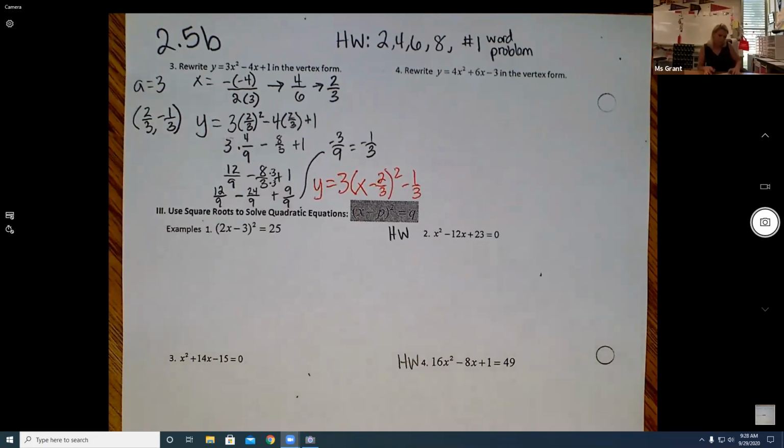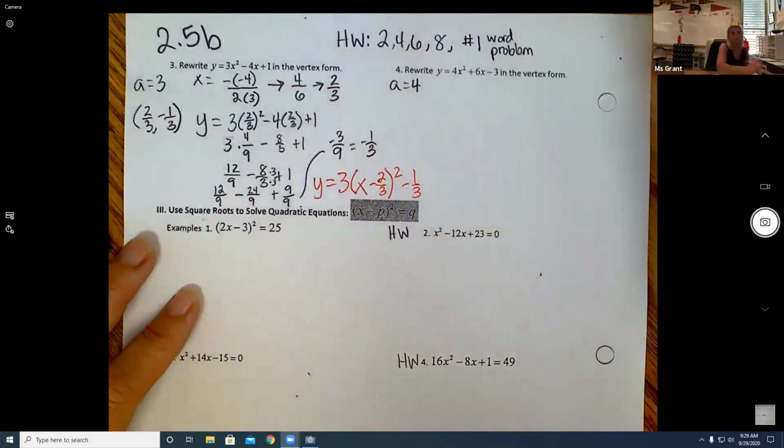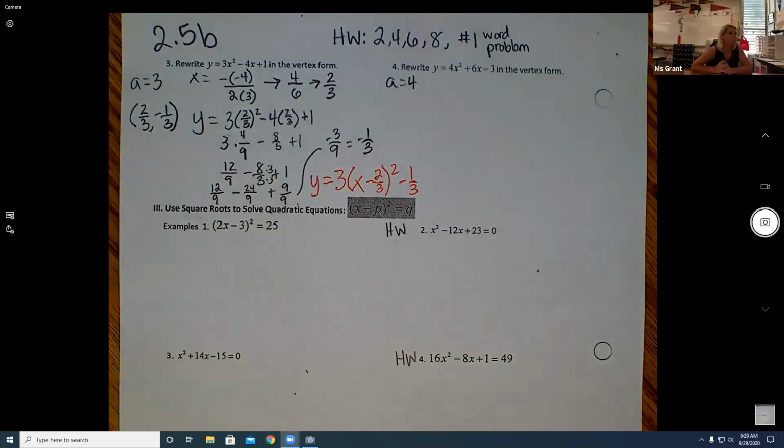Number 2, I also have to do, I'm sorry, number 4, it's number 4. My A is 4, so keep that in mind, right? Negative B over 2A. And it is, you know what, we need to skip number 4. Number 4 is another fraction problem and it takes a long time.